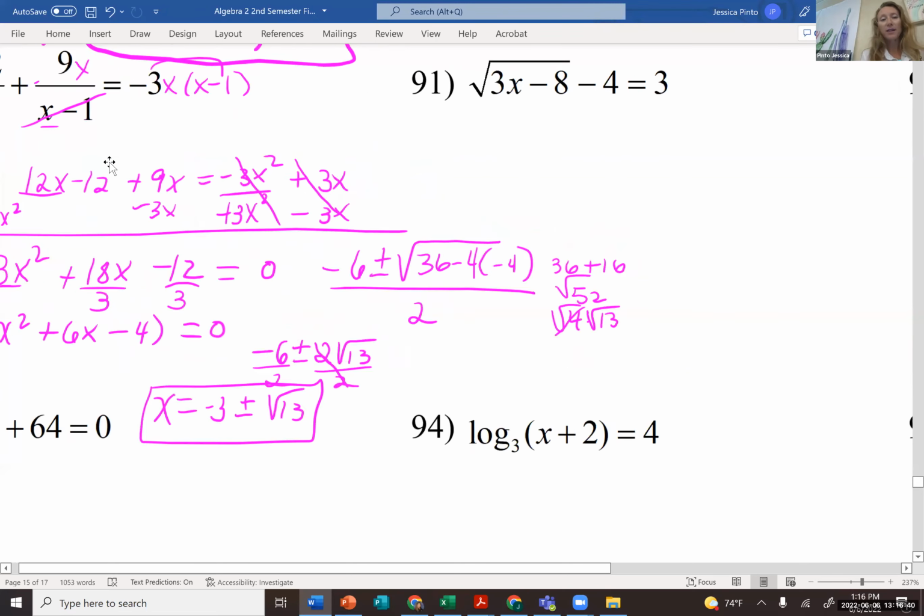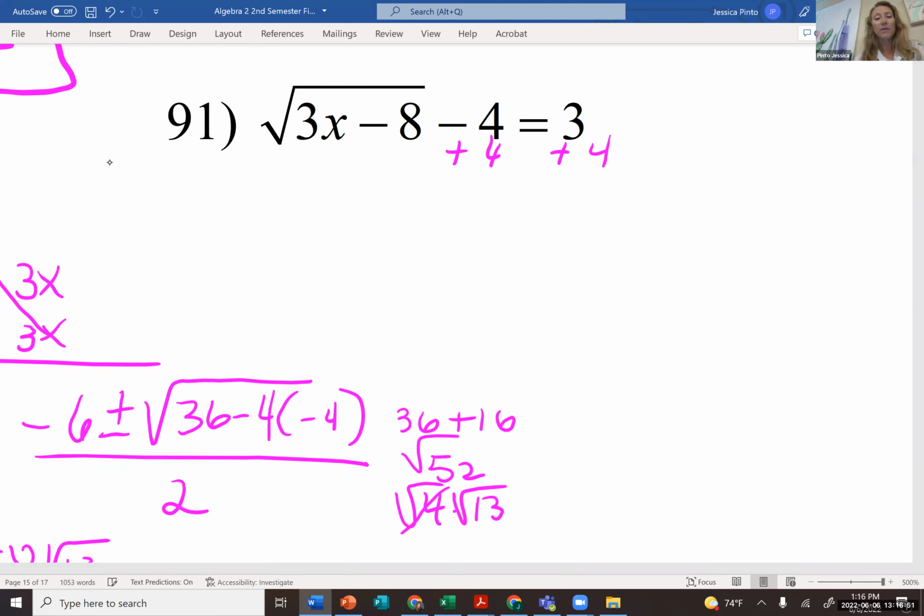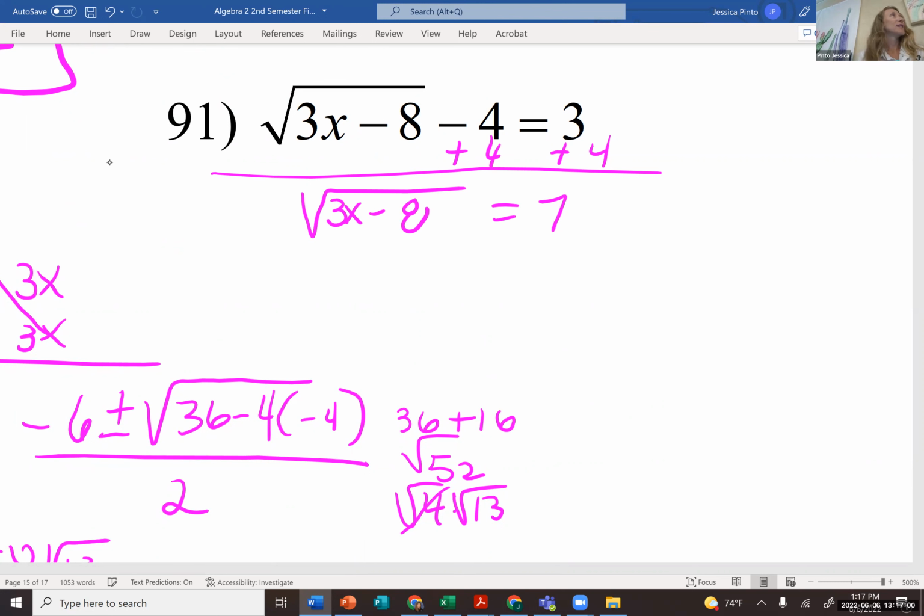All right, 91 is a square root problem. This one's going to be much faster and easier, I can tell. I'm going to isolate the square root symbol with a +4. I've got the square root of 3x minus 8 is equal to 7. I get rid of the square root with a square power.